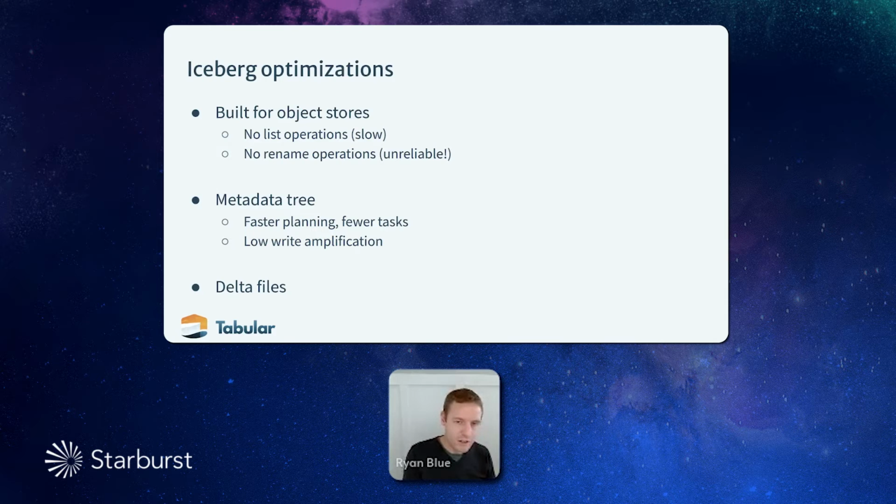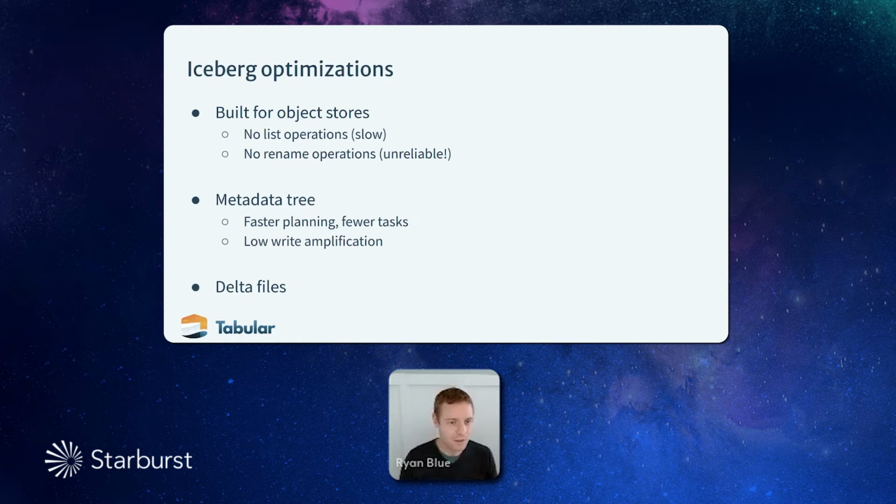And then we're also keeping additional metadata about all of the data files in the data set, and that's how we get fewer tasks. Now, in addition, the metadata tree in Iceberg also helps us keep write amplification low. That's for faster writes, more efficient write operations and things like that. That's not something that we need to really dive into much today, but just know that another property of this tree is being able to keep track of what is changing and rewrite just portions of the tree that are changing.